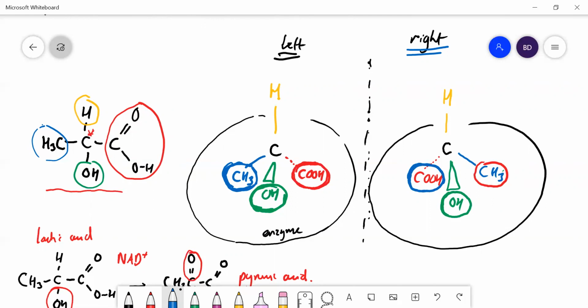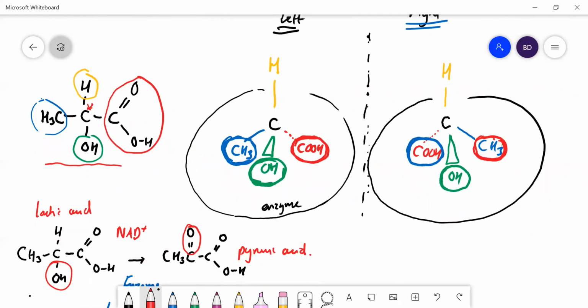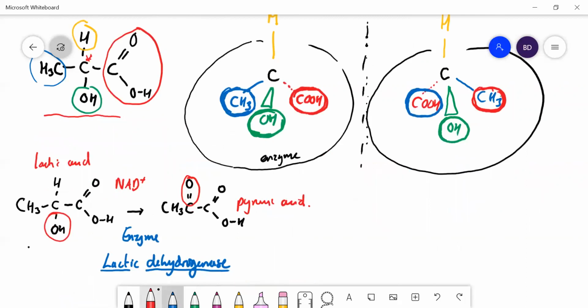Look, the carboxylic acid group and the methyl group are in the wrong places, and they can't bind to the surface of the enzyme. So we say the enzyme is stereospecific. It can only react with one optical isomer. Most enzymes are stereospecific.